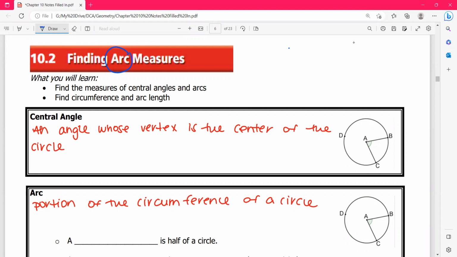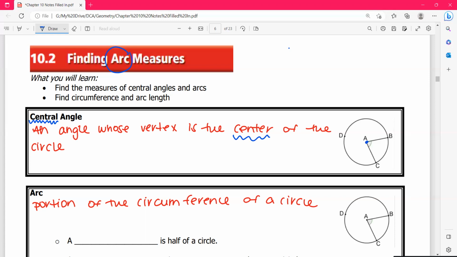A central angle is kind of what it sounds like. I want you to really think about that this is called a central angle for a reason, right? This name can really help you understand things a little bit better. So a central angle is an angle whose vertex is the center of the circle. That's what you should be thinking about, that it's the center. So if we look at this picture here, the angle whose vertex is on the center, right, is right here.